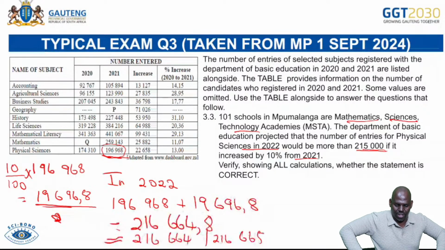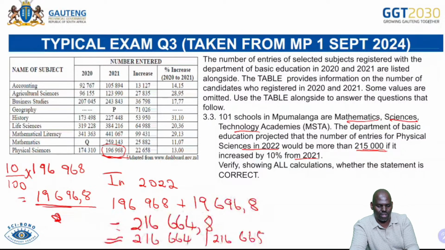Okay, but have we answered the question? They say verify, show, or calculate whether the statement is correct. The Department of Education projected that the number of entries in 2022 will be more than 215,000. So it is indeed more than 215,000, because we've got 216,000.